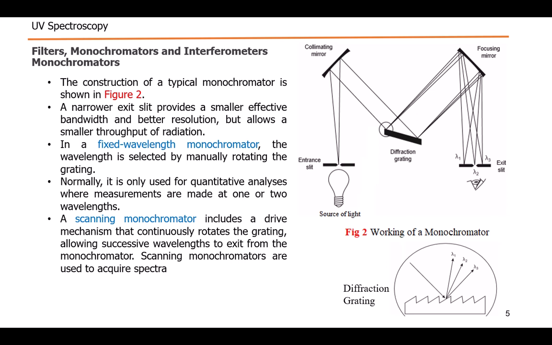So two types of monochromators, fixed wavelength and scanning, are used in order to convert polychromatic radiations into monochromatic radiation to fall on the sample in UV visible spectrophotometers.